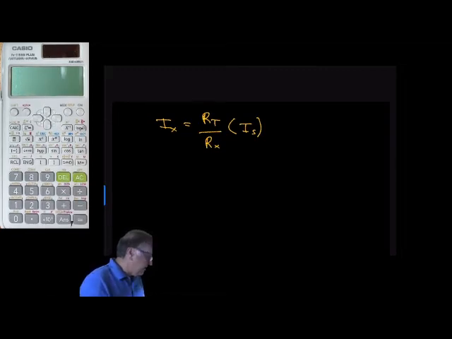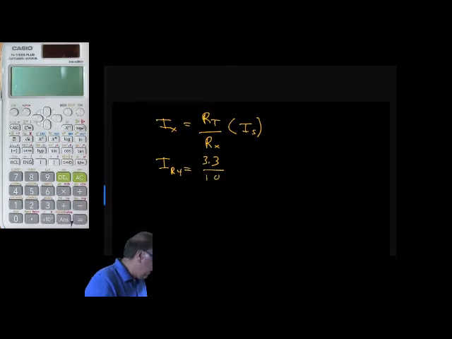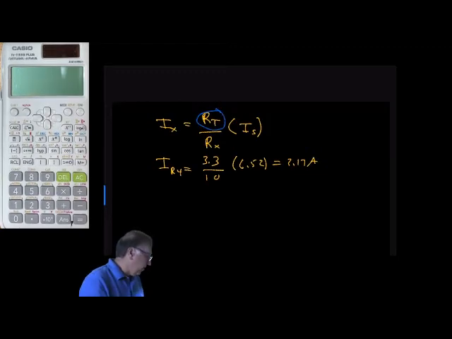The parallel piece is 3.3 ohms as calculated before, so then IR4 equals 3.3 over 10 times 6.52, and that equals 2.17 amps. This RT is not the total resistance of the whole circuit, it's of the parallel piece, and that's a mistake that many make.